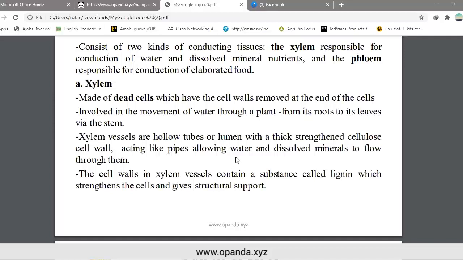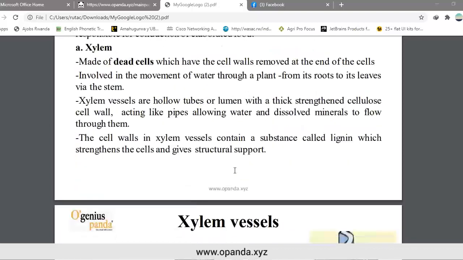Xylem vessels are hollow tubes or lumen with a thick strengthened cellulose cell wall, acting like pipes, allowing water and dissolved minerals from soil to flow through them. The cell walls in xylem vessels contain a substance called lignin, which strengthens the cells and gives structural support.